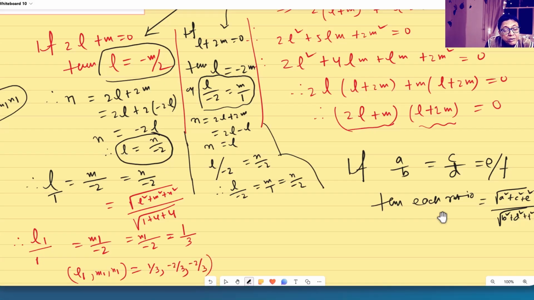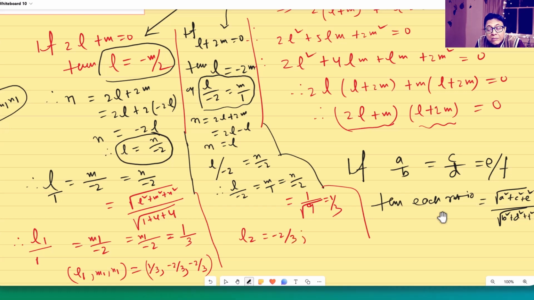Clear? Similarly, this thing will be equal to 1 by, again, under root 4, 1, 4. That is 9. It means 1/3. And this way you are getting L2, M2, N2. So L2 is what? Minus 2/3. M2 1/3 and N2 minus 2/3.